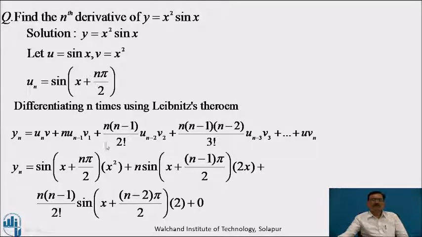Now here, substituting the terms, yn equals: un is sin of x plus n pi by 2 and v is x square, as it is.